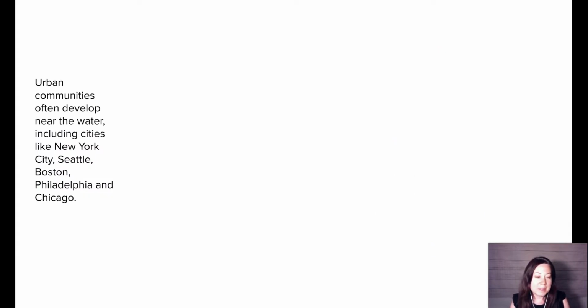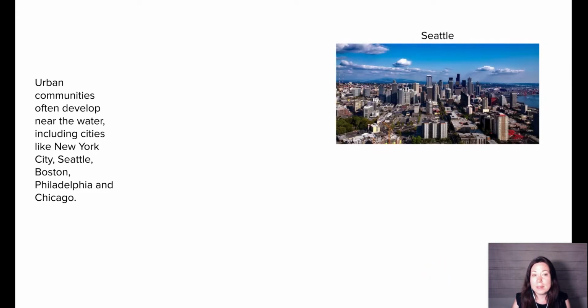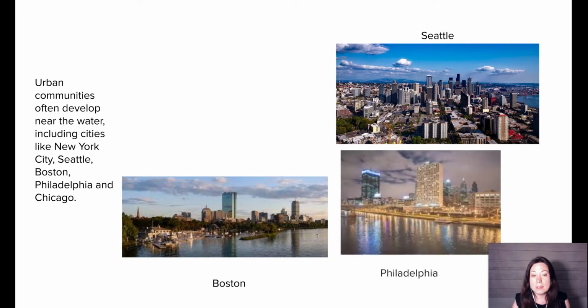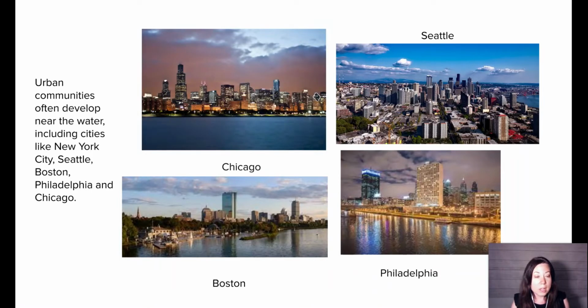So here's something to know about urban communities. They often develop, that means start or grow, near water, including cities like New York City that you just saw, Seattle, Boston, Philadelphia, and Chicago.